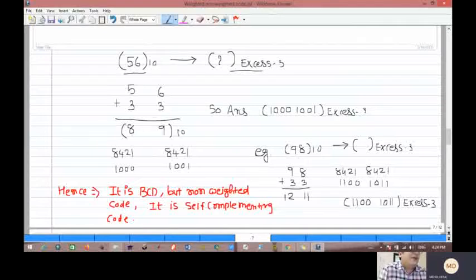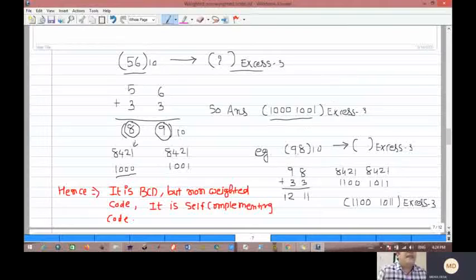These are the decimal values, and individually we convert them into BCD code. 8 is converted into BCD as 1000, and 9 is converted according to 8421 as 1001. So the excess-3 value of 56 decimal is 10001001.